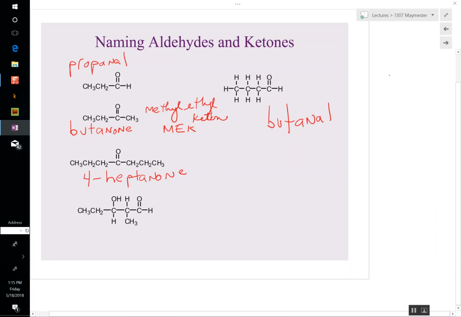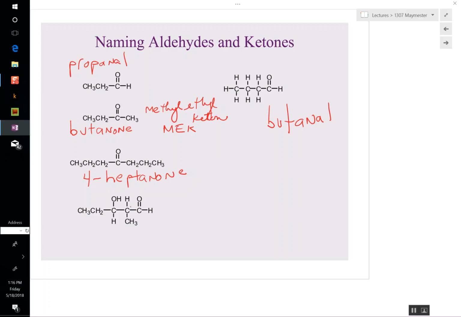We now got a molecule with 2 functionalities. It's got an aldehyde and it has an alcohol. All right, we're going to treat the parent name as an aldehyde. So ignore the OH for a second, and what's the longest chain? 5.